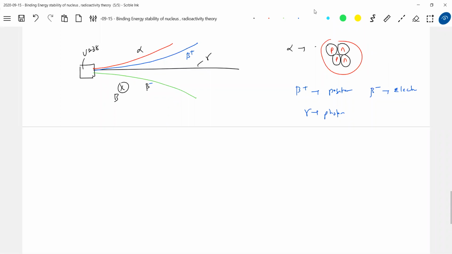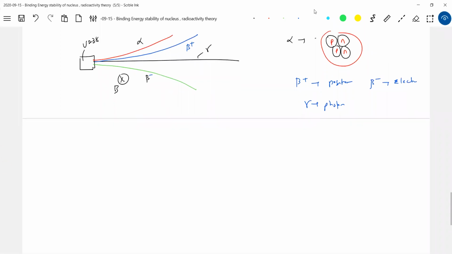So why does the alpha particle come? If you look at the nucleus, which is unstable, with mass number A, it is the parent. It becomes a daughter nucleus. 2 protons are lost and the mass number decreases by 4, and we get an alpha particle plus some energy released.